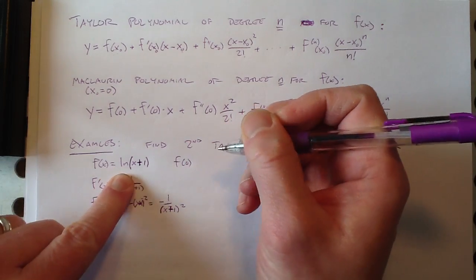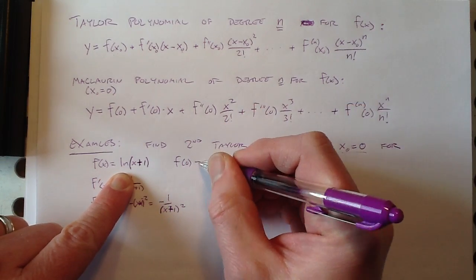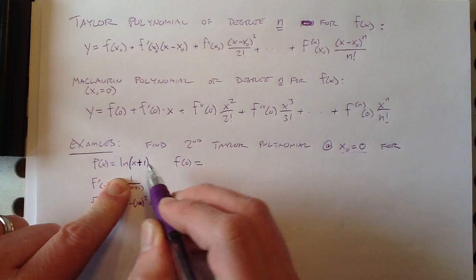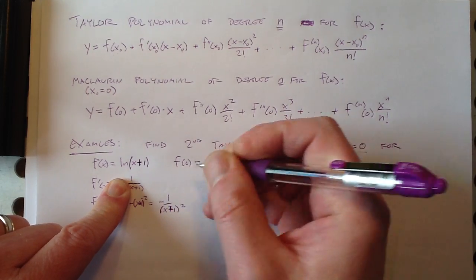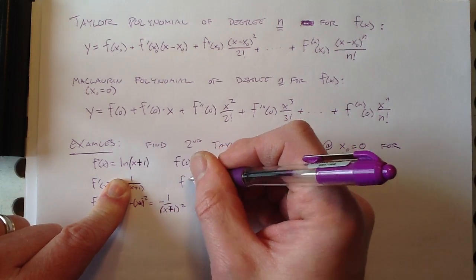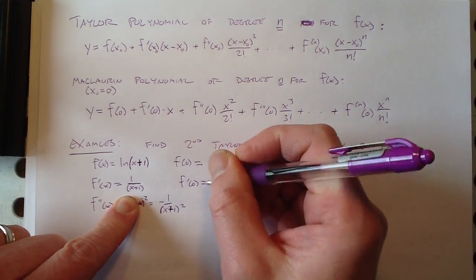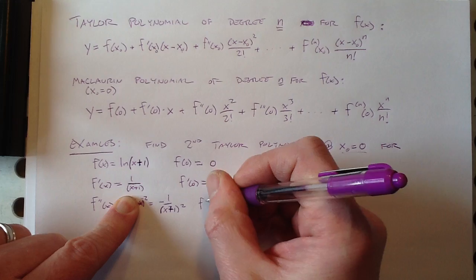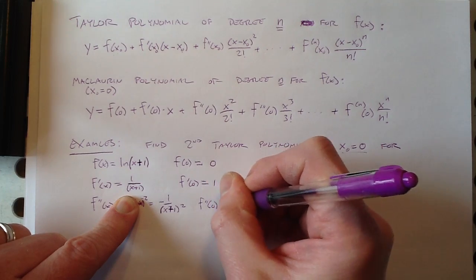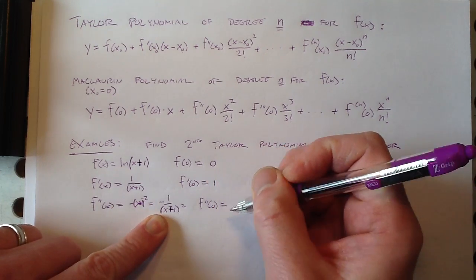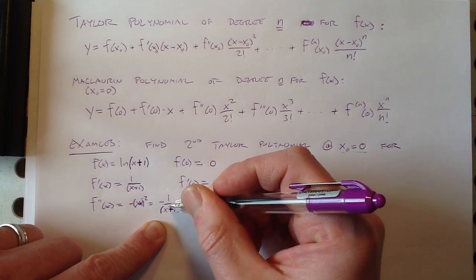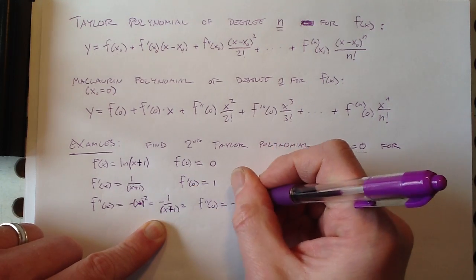So what do I get when I plug 0 in here? I get natural log of 1, which is 0. And then the first derivative would be plugging 0 in here, I get 1. And the second derivative would be plugging 0 in here, I get negative 1.